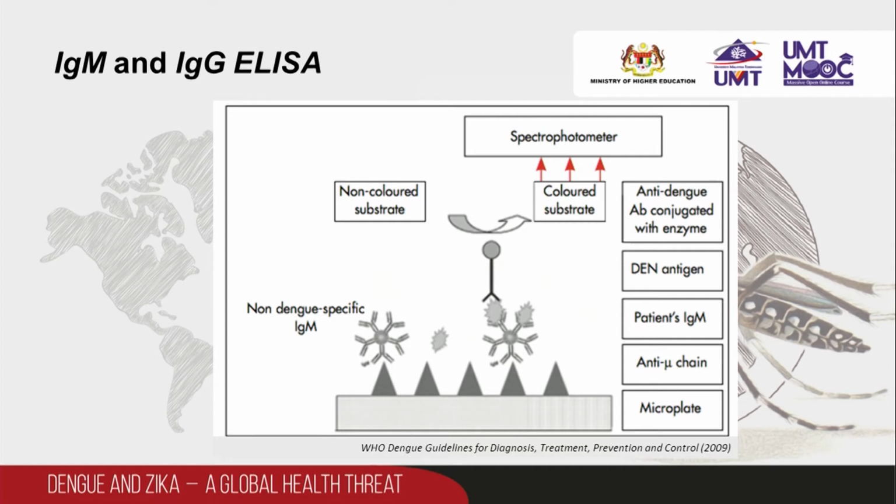Dengue or Zika specific antigens are bound to the captured anti-dengue or anti-Zika IgM antibodies and are detected by monoclonal or polyclonal dengue or Zika antibodies directly or indirectly conjugated with an enzyme that will transform a non-colored substrate into a colored product. The optical density is measured by spectrophotometer.